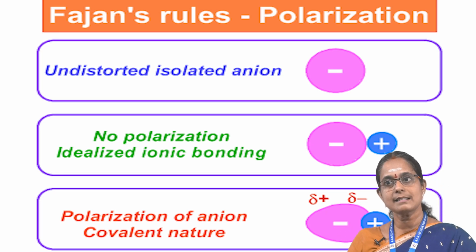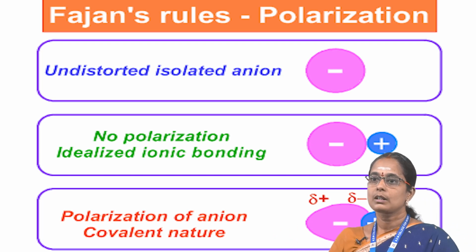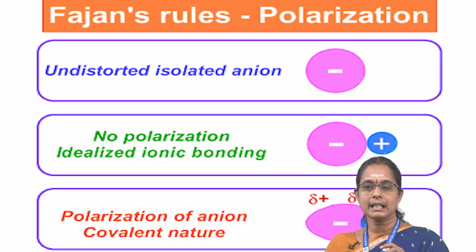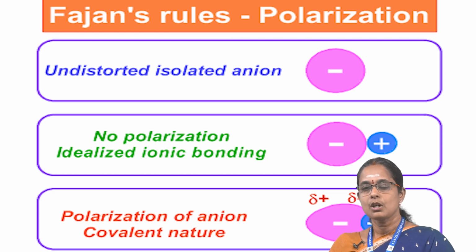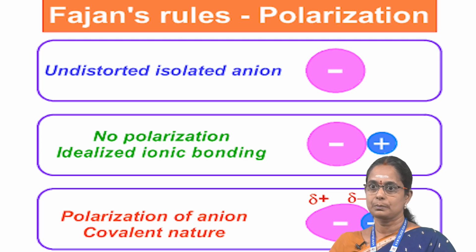So Cl minus is more polarizable than F minus. This makes calcium chloride less ionic than calcium fluoride. So its melting point is also less than that of CaF2.